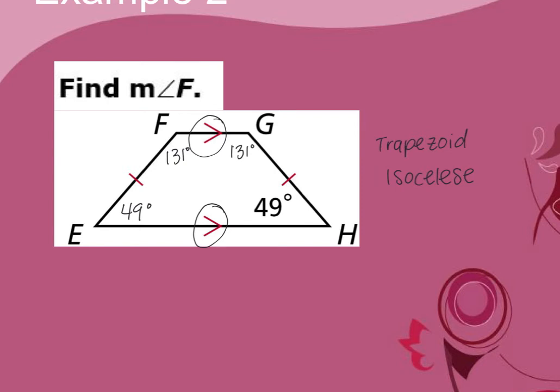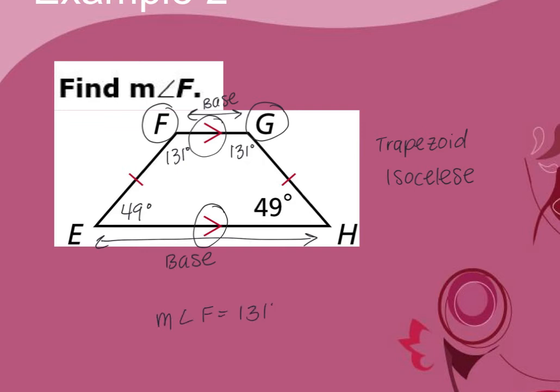Okay? Remember, your base angles, which are these two that lie on the same base, must be equal. And these two, which lie on the same base, must be equal. So the measure of angle F equals 131 degrees.